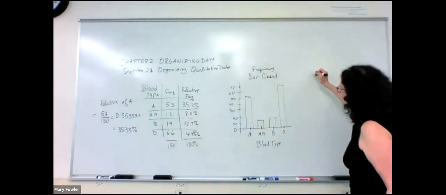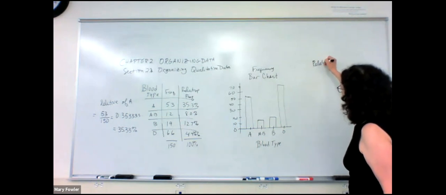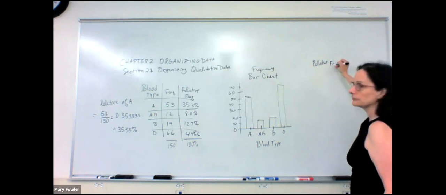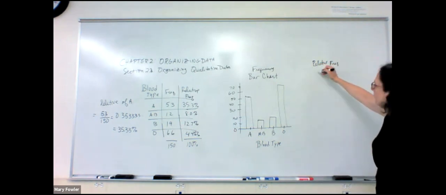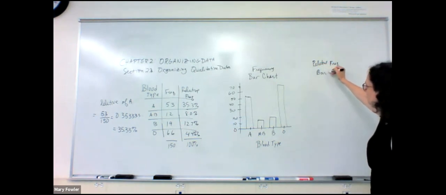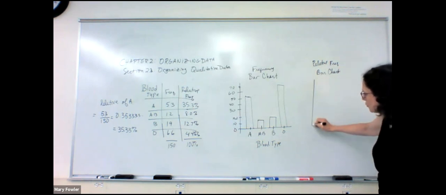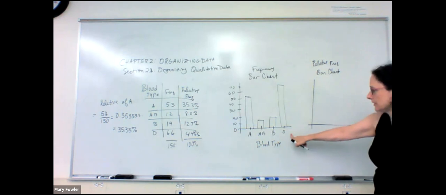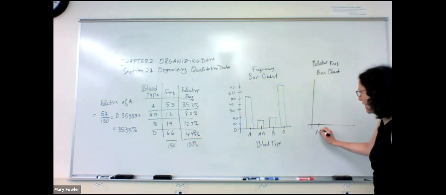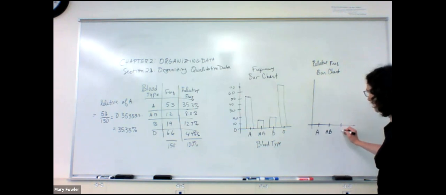Okay, so let's go ahead and look at a relative frequency bar chart or bar graph. We're going to do the same thing as we did over here. Our horizontal axis is going to take on the values of the categories.